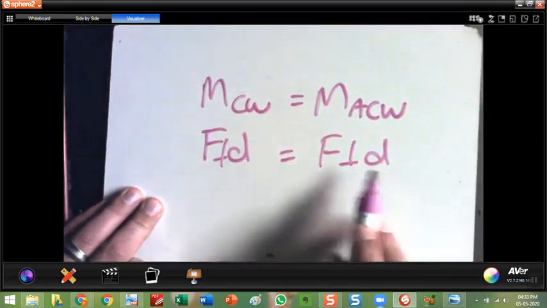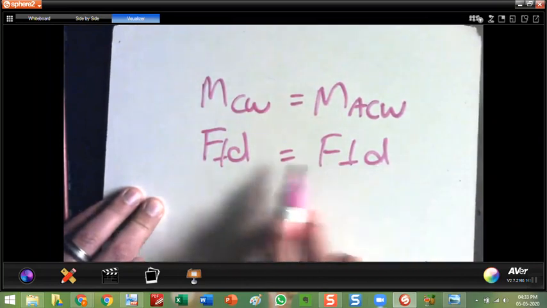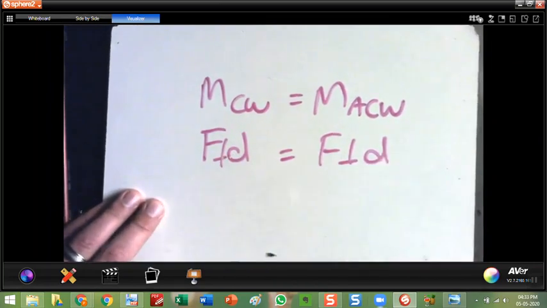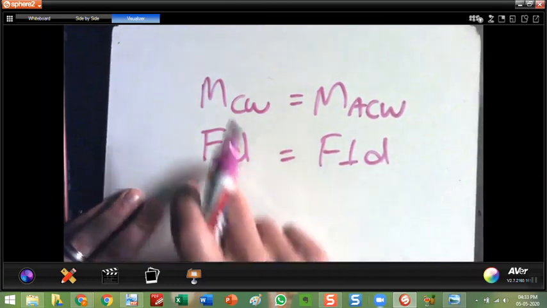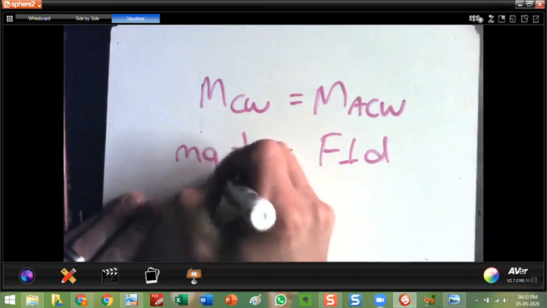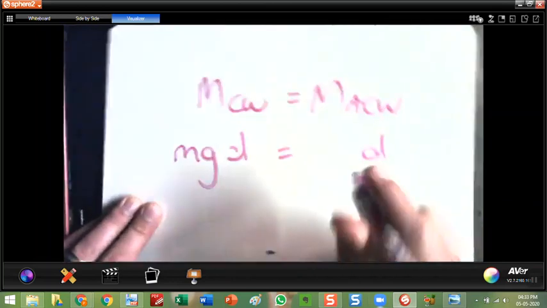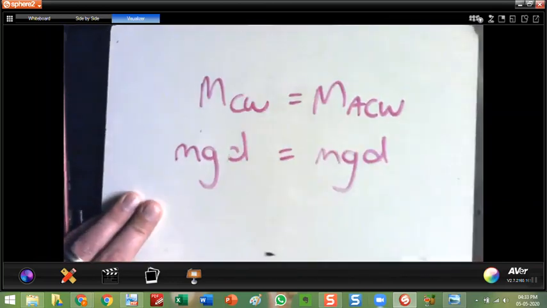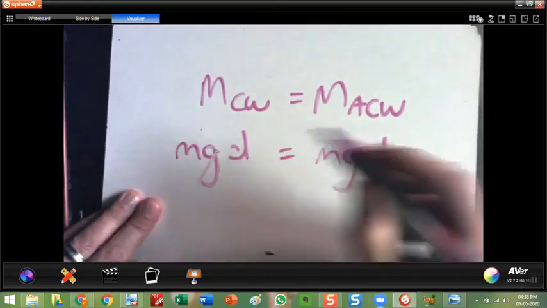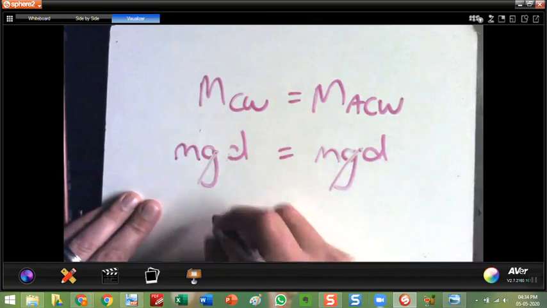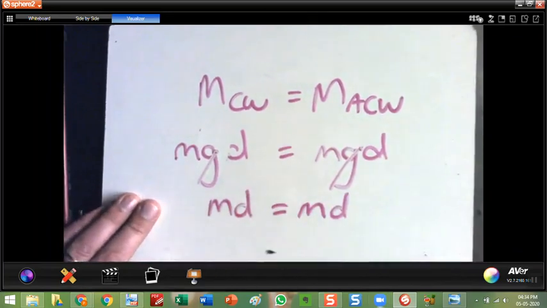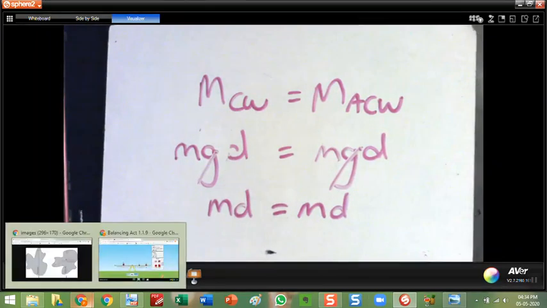Now, if we have meters, centimeters, or millimeters, the unit cancels out. We can even go as far as saying the mass times the gravity on one side is the mass times the gravity on the other side. So the gravity cancels out, and we can simply use the mass times the distance in a scenario like the one we just looked at.